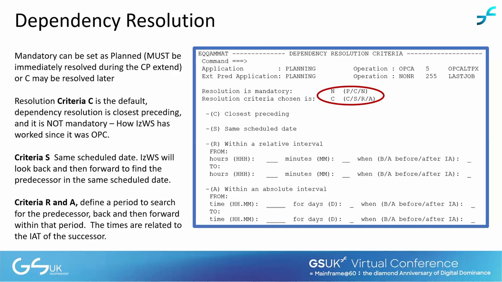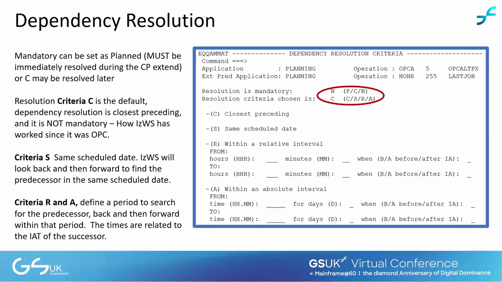So the scheduled date in a normal calendar is from midnight to midnight. So you could be waiting for something, you could say same day. It may have come in earlier, or it may be about to come in. It does mean that the input arrival time of the application with the predecessor in it can be later than the operation that's waiting for it.